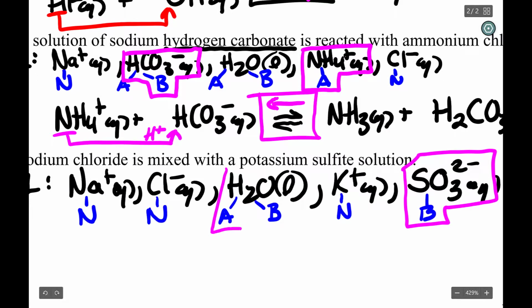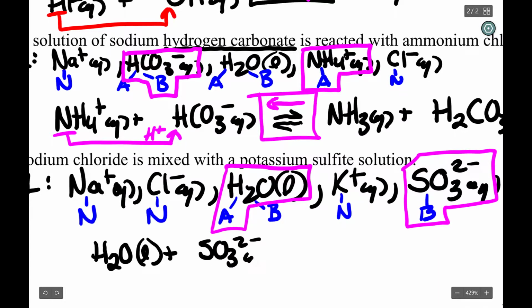So this is actually an ionization. This isn't a classic acid-base reaction. This is sulfite ion reacting with water to produce hydroxide. This is a Kb. So starting with my acid, H2O liquid, reacting with SO3 2- aqueous, I know all Kb values are less than 1, and so I know this is going to favor the reactant side.